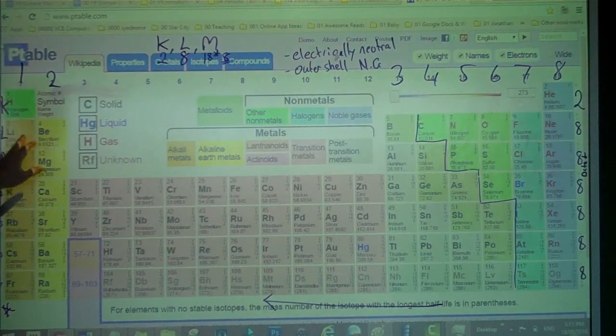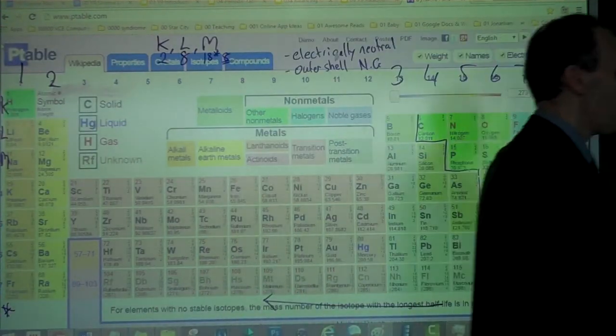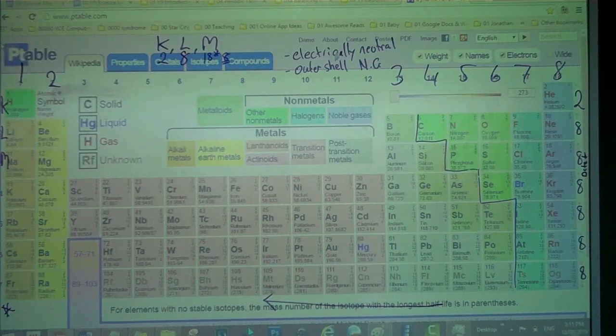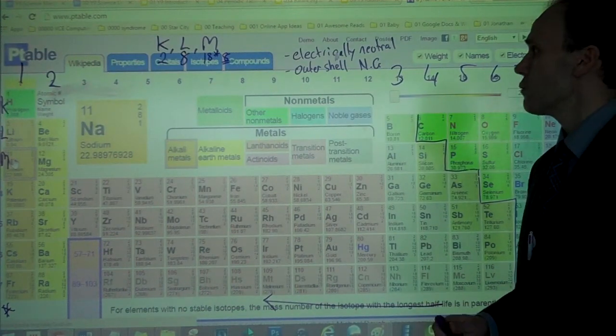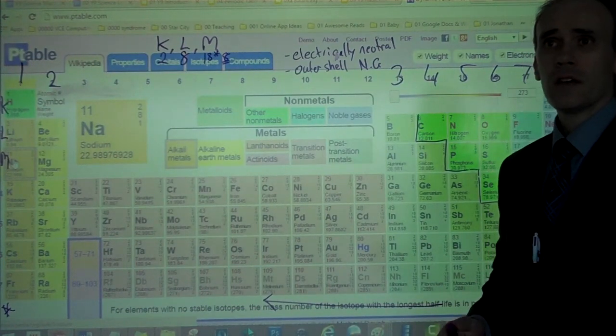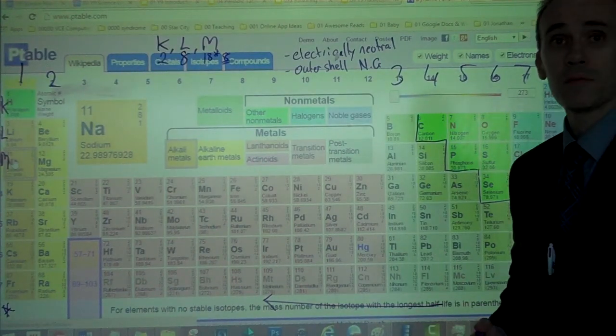Now, for the group 1s, we'll just put a little example up, we'll choose an easy one, like sodium. It's such a common example, and I would say it would be used in almost every assessment.